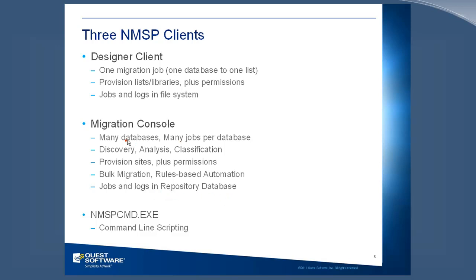And so, like I said, you can do many databases, many jobs per database, and that gives you your bulk migration capabilities and your automation capabilities. You can also do your provisioning here. You can provision at the site level now, and not just at the list and library level, like the designer client does. And of course, this is where you would do the discovery and analysis and the classification of your applications ahead of time.